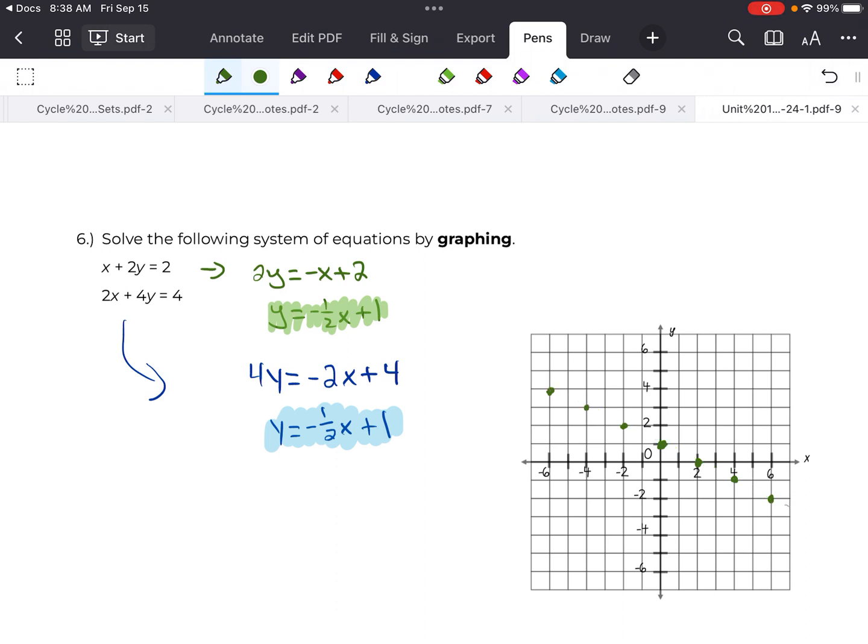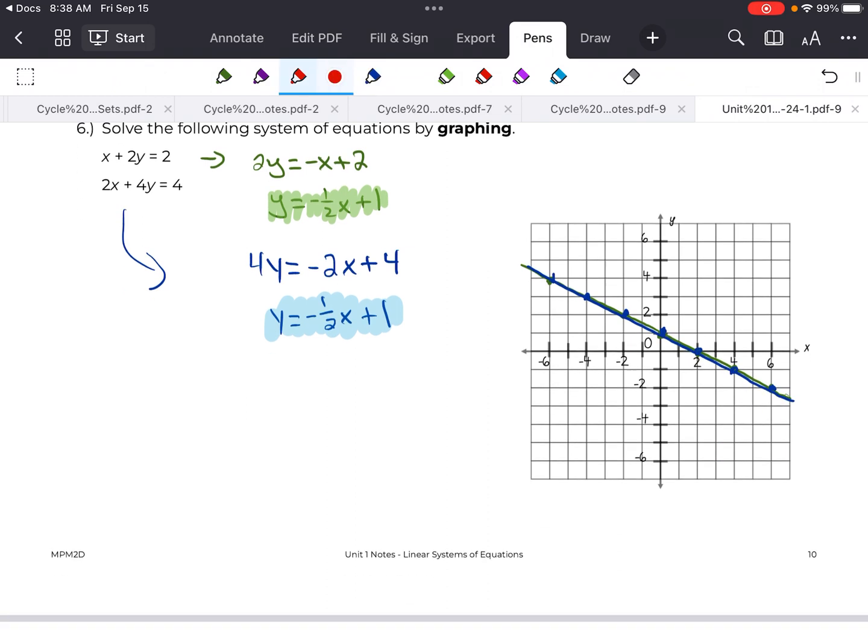Okay, and then the blue one would be the exact same points. Okay, so both lines are exactly the same.